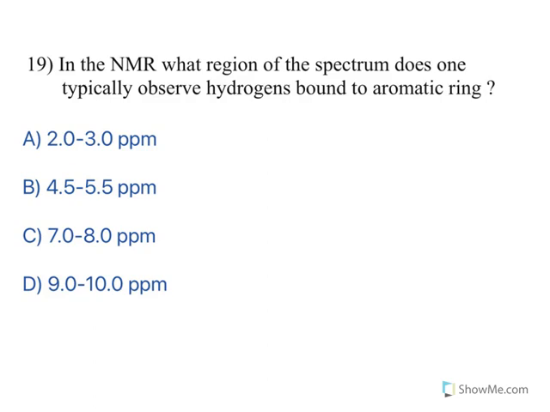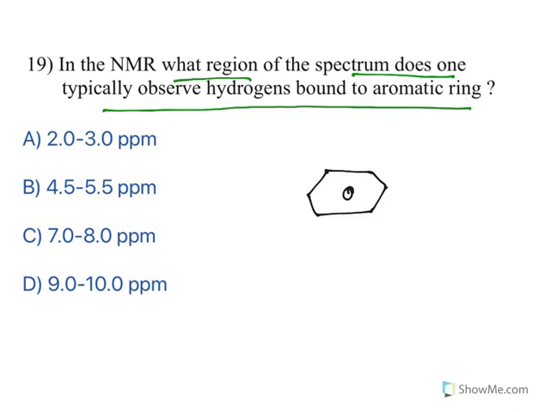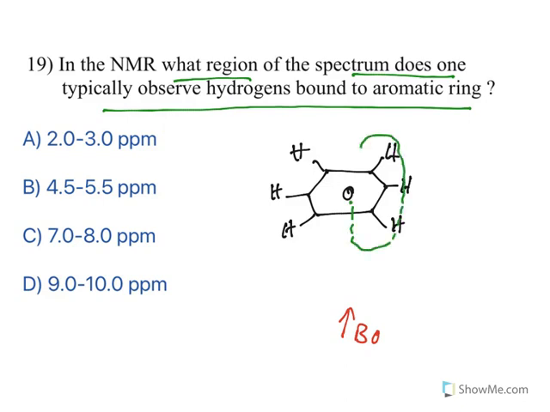Next one. Now, in NMR, what region of the spectrum does one typically observe hydrogens bound to an aromatic ring? Again, let me draw this. See, again, this is a typical deshielding effect. All the protons are oriented like this, and the external field is applied in this direction. So when you see the magnetic current, how it goes is, it starts and goes like this.